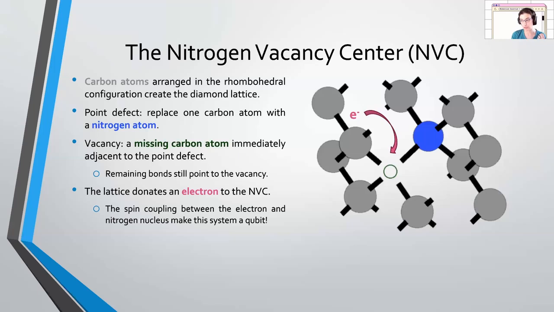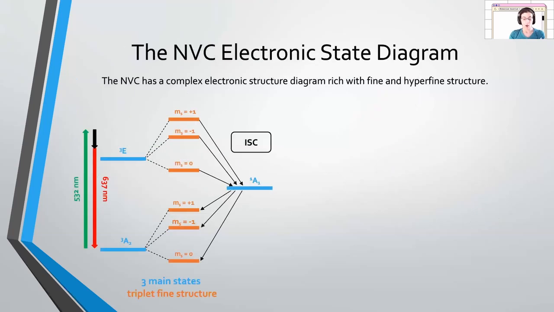It has a quantum spin, as does the nucleus of the defect, and the coupling of the quantum spins of this electron with the nitrogen's nuclear spin is what makes this system a qubit. That could be used for computation or sensing, but here we're going to use it for sensing.